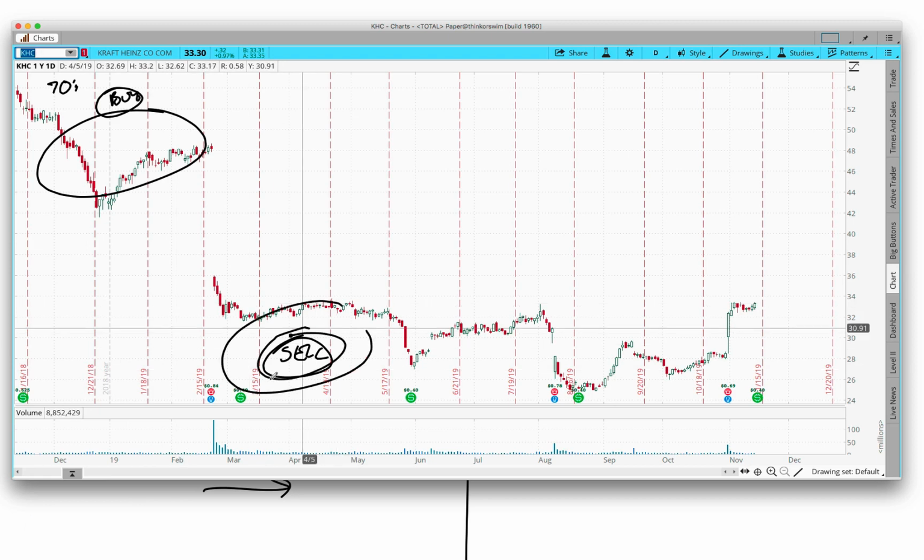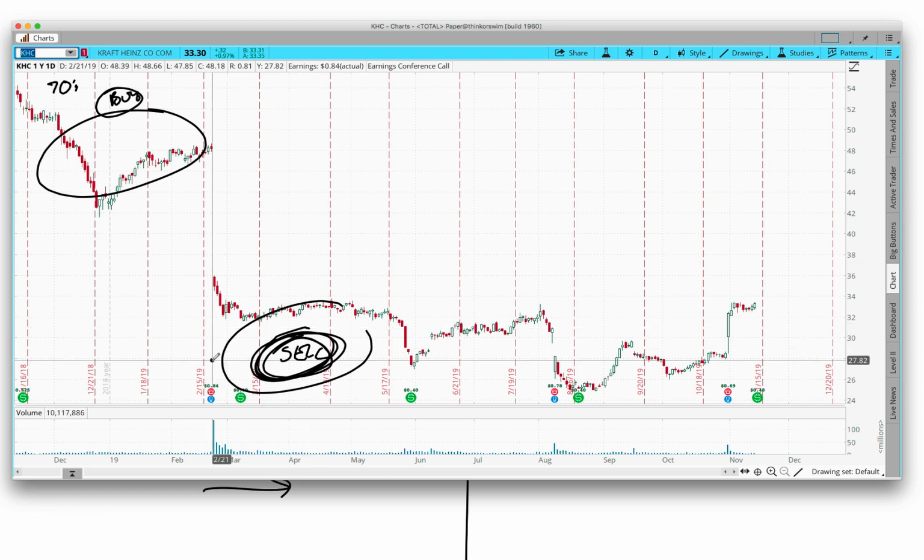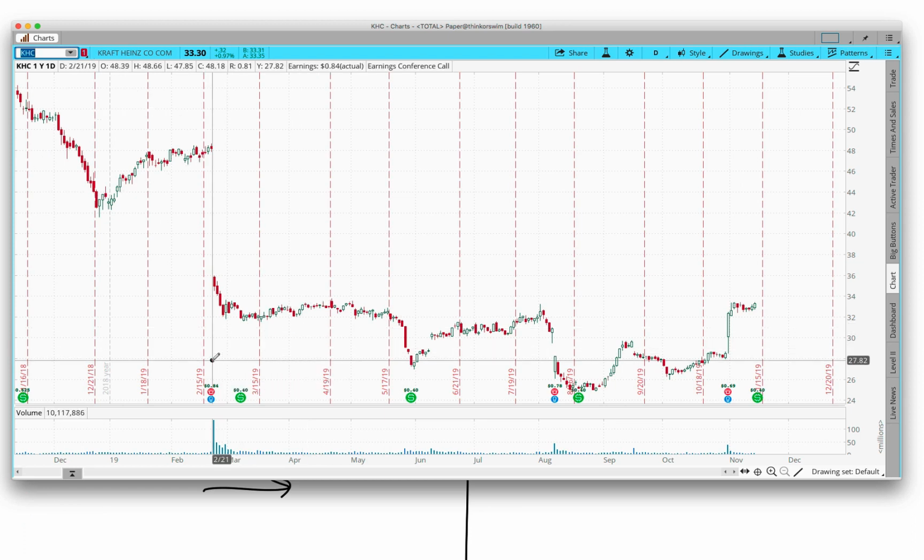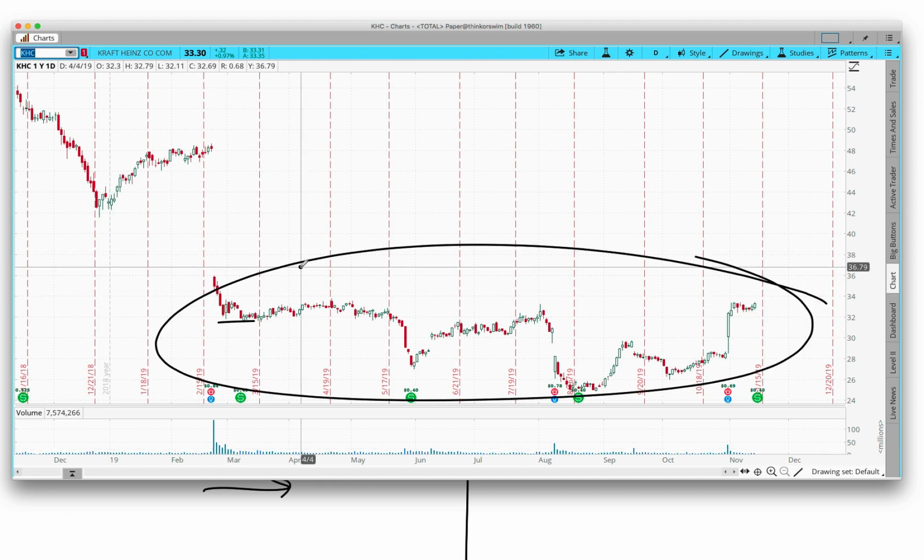But if everyone in the world around you is screaming sell, sell, sell, and you're going to say, no, I might buy it right here, I'm going to sell a put to buy this, you've got to have some risk management skills. You've got to be pretty confident knowing what you're doing, because this is a pretty risky stock. A lot of debt, SEC investigating them, all this stuff going on, right?